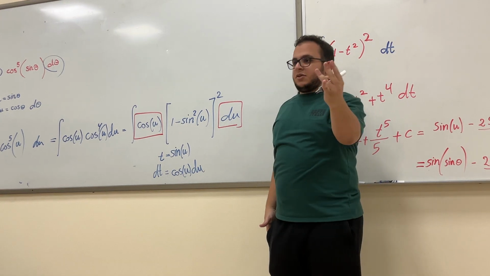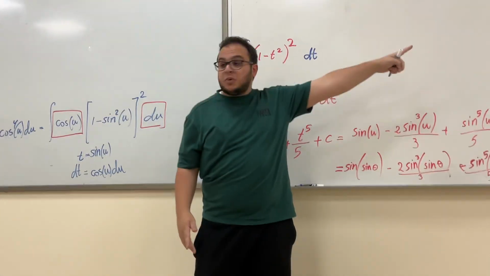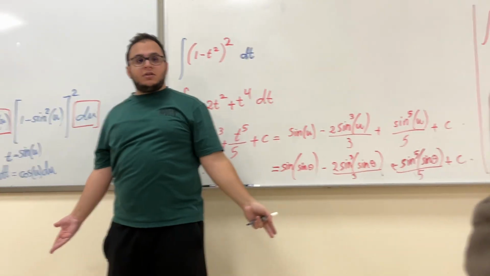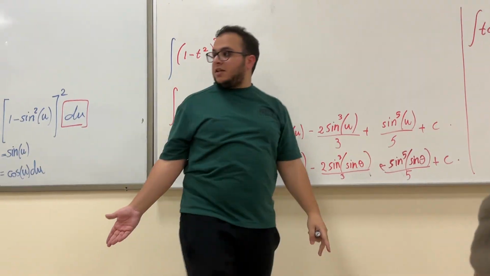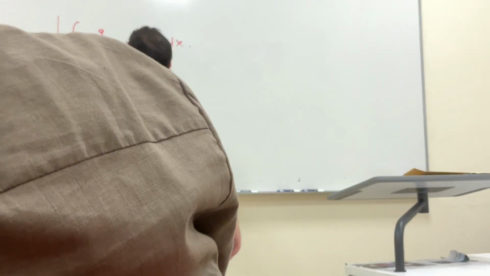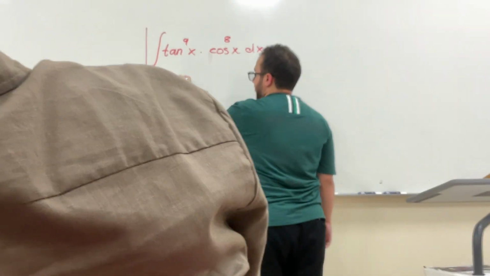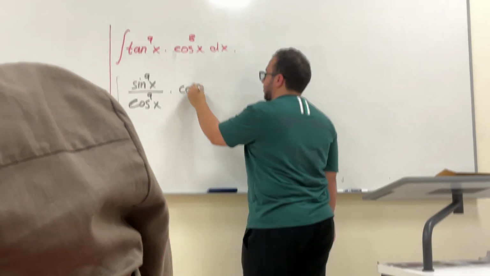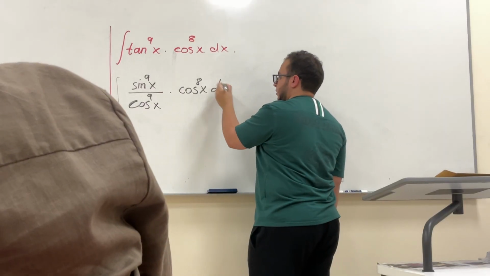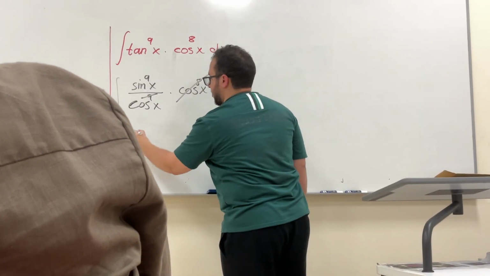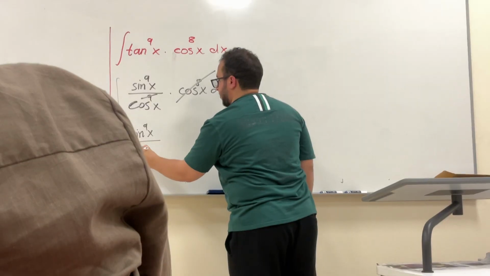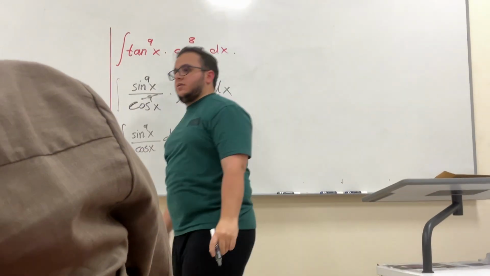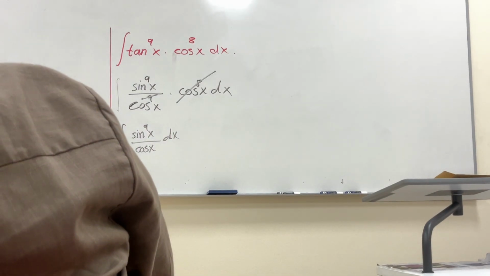It's tan secant or sine cosine, right? Any other combination, what can we do to it? Use the definition. Right. What's the definition of tan? Sine over cosine. Then you can. So sine 9 x over cosine x, right? Yes.